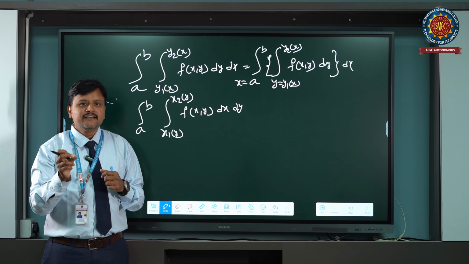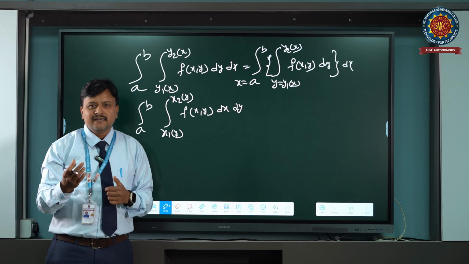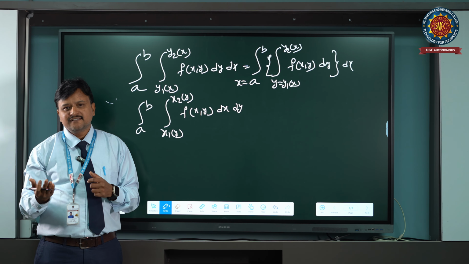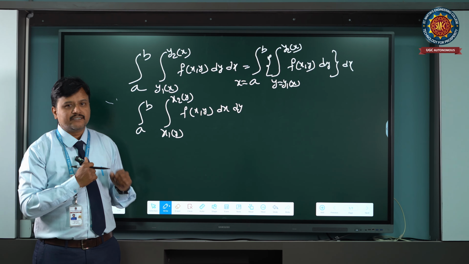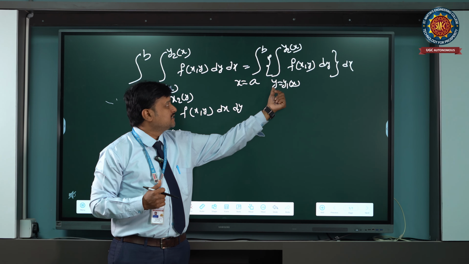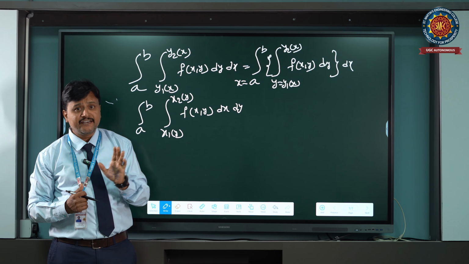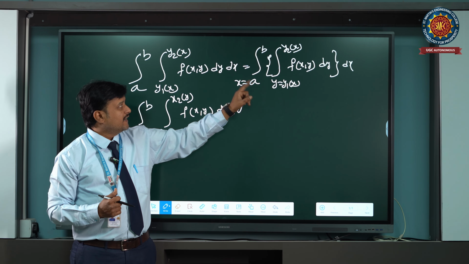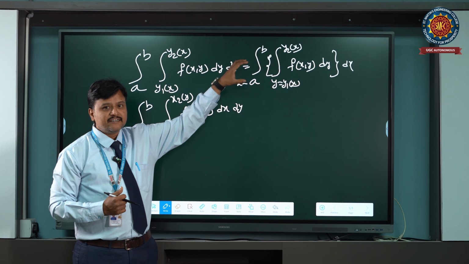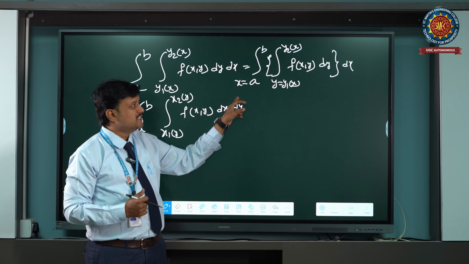While integrating with respect to y, treat x as a constant, and integrating with respect to x, treat y as a constant. In this iterated integral, the interior limits belong to y, so first integrate with respect to y, treating x as a constant, and then integrate the resulting expression with respect to x between the limits a to b.